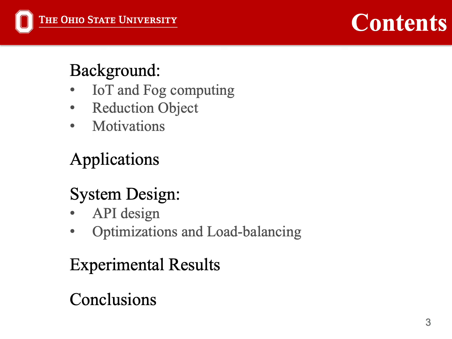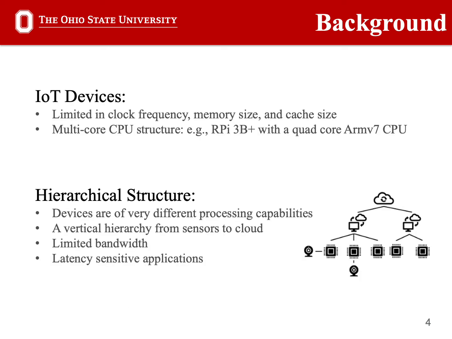Generalizing the characteristics of these 3 applications, we define a set of APIs. Furthermore, we will talk about the optimization and load balancing support by this set of APIs. Finally, we study the performance of our implementation.